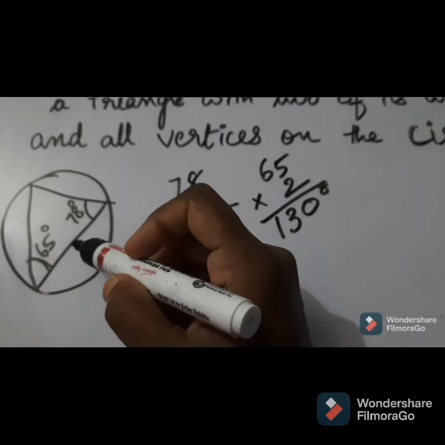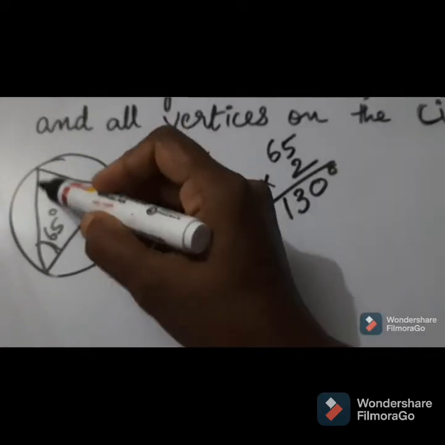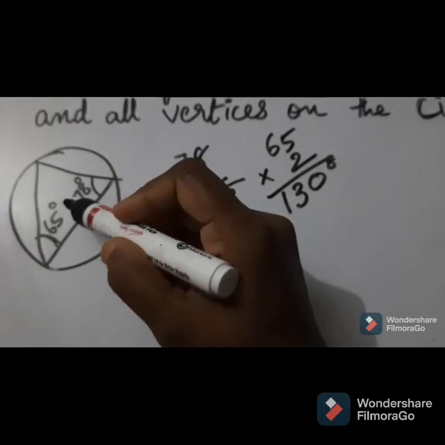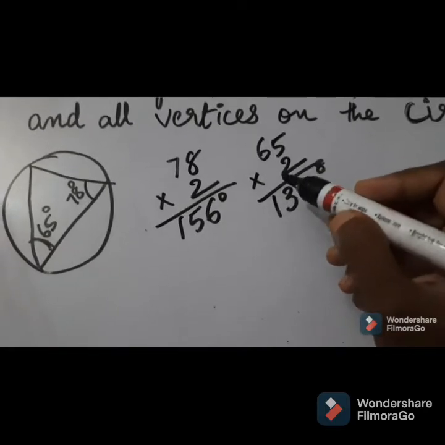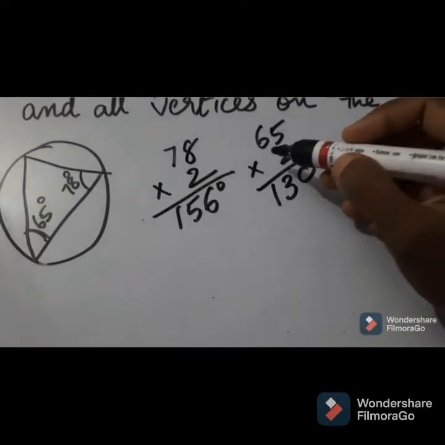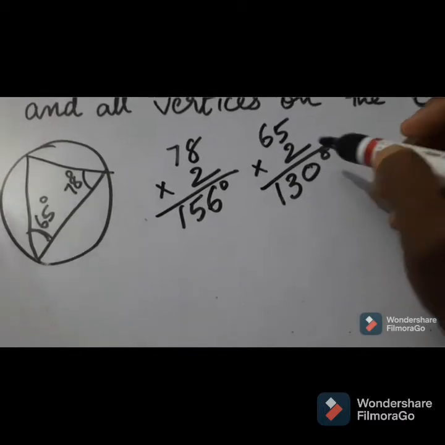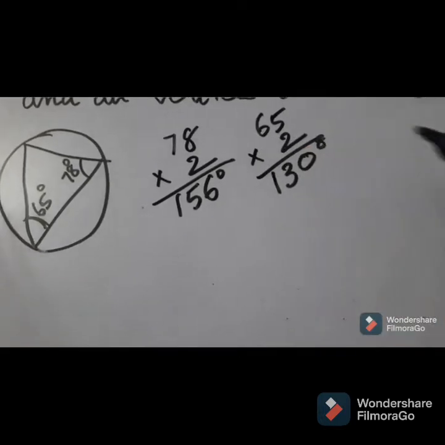We are using the rule that if this angle is 65, then its central angle will be double. So first we find the double angle. 65 into 2 is 130 degree, and 78 into 2 is 156 degree.